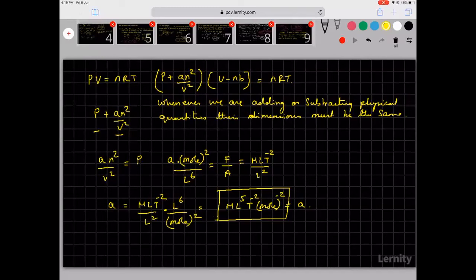Can we please work it out? First, understand that whenever physical quantities are added or subtracted, their dimensions must be the same.